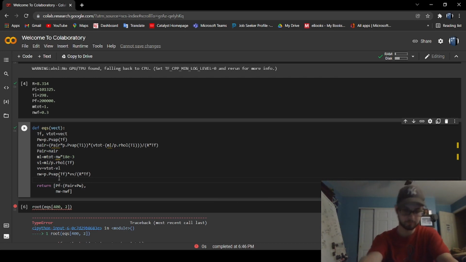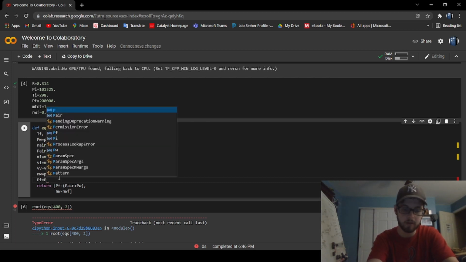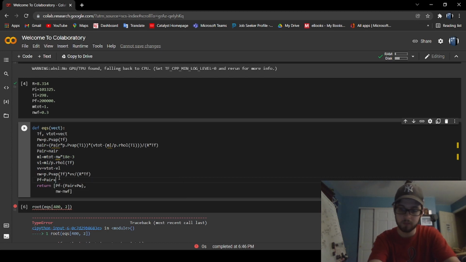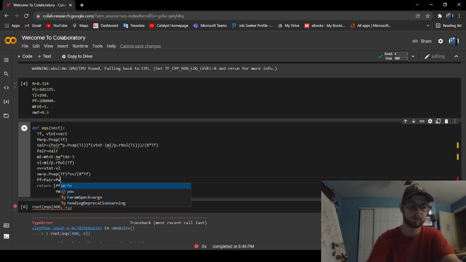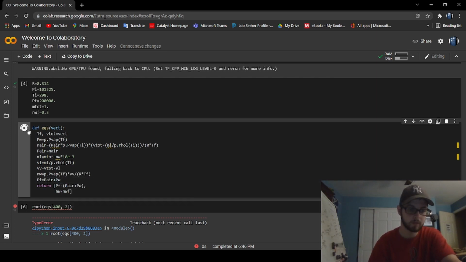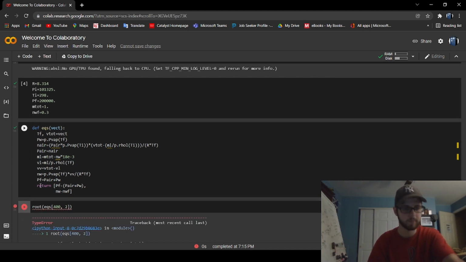Potentially the final pressure is equal to the partial pressure of air plus the partial pressure of water vapor. Okay, I like that a lot better. I am still missing something, so hold on. Let's check.